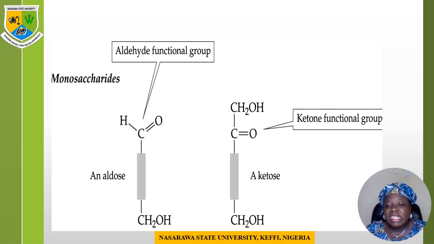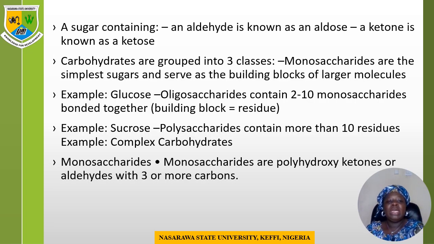Now, if it is a ketose, we just have the carbon bonded to oxygen via a double bond, as shown on the slide. A sugar containing an aldehyde is known as an aldose, and one containing a ketone is known as a ketose.